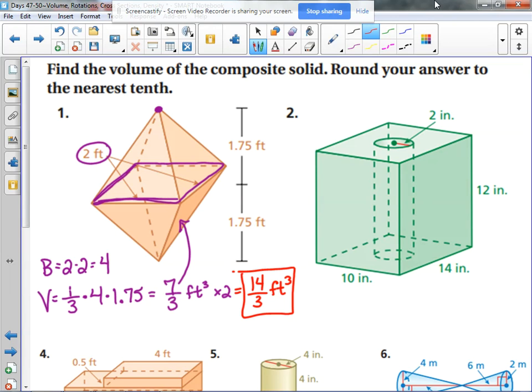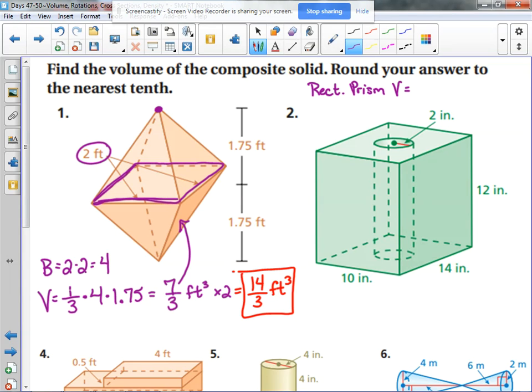All right, the diagram in number 2 is illustrating that we have taken out that cylinder from that rectangular prism. So let's find the volume of the rectangular prism first.